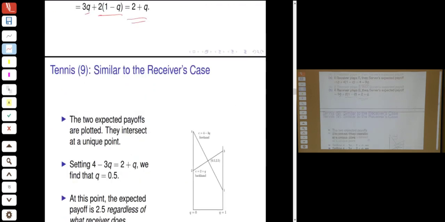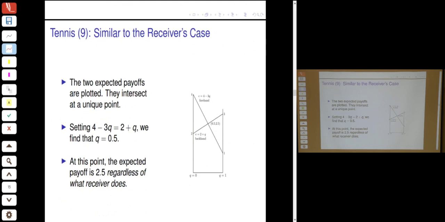Again, you can plot these two payoff curves and notice that if the receiver plays backhand, then the expected payoff is an increasing straight line in q, as q varies between 0 and 1.